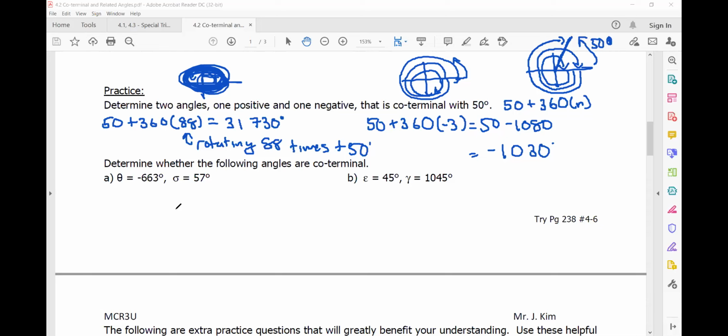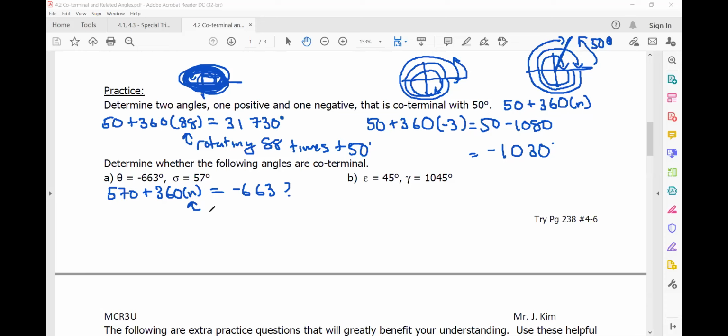You can also go backwards, like this. Determine whether these two are coterminal or not. In other words, 570 plus 360 times n, does it give me negative 630? Sorry, 57 and negative 663. What would you estimate the integer to be?